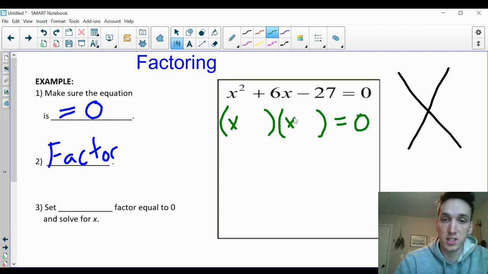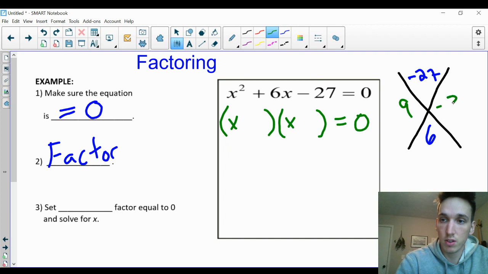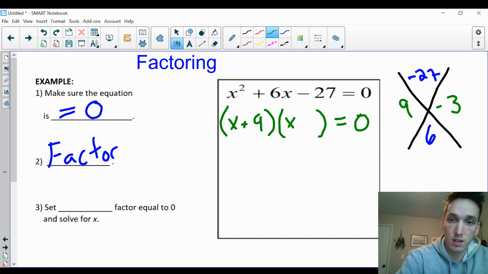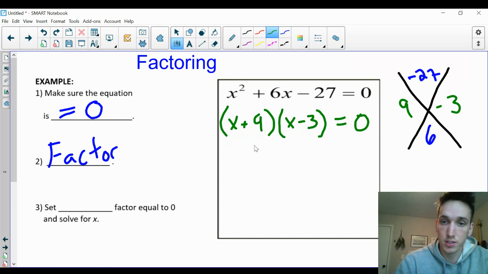And I just got to figure out what these 2 numbers are. So what are the 2 numbers that multiply to negative 27 and add to 6? Those numbers are positive 9 and negative 3. So x plus 9, x minus 3 are our factors on the left side. And setting equal to 0 just because we're bringing that down from the step before, right? So this equation and this equation are both equivalent with that left-hand side factored.